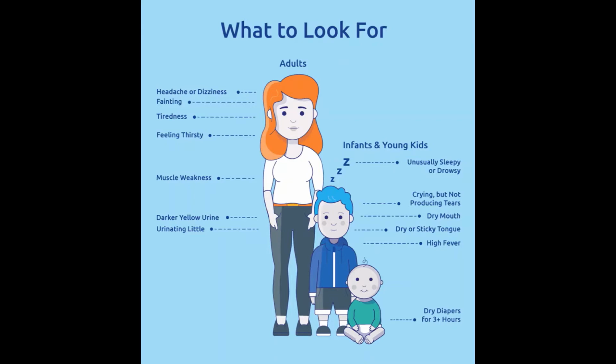For infants and children, it can be more dangerous, and you should immediately contact a doctor if your child has a fever of 102 Fahrenheit or 38.9 degrees centigrade or higher.